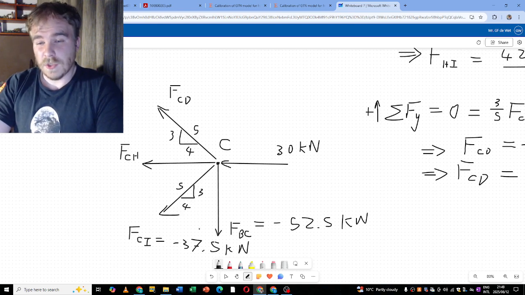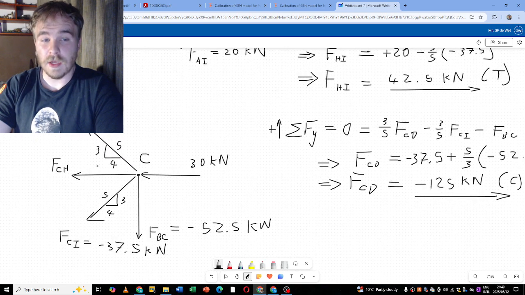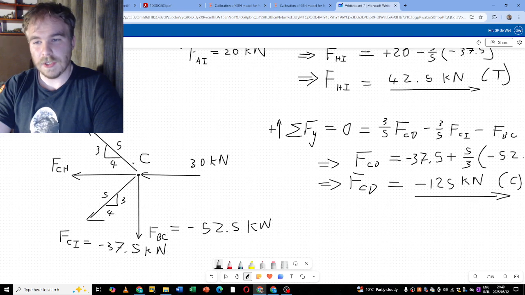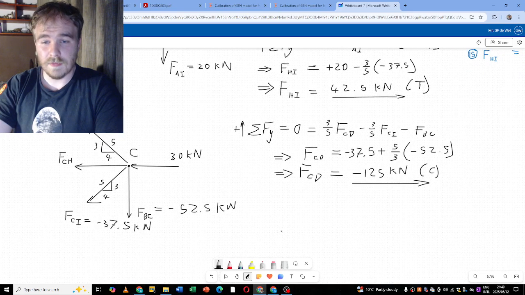And there's two forces working against it, so it should be a bit larger than 52.5, and we got 125. No, yeah, it should be a lot larger than 52.5 because it only has a partial component in the Y direction. Yeah, that makes sense. It should be about double, and it is about double that in magnitude. So yeah, now I'm happy with that answer. It makes sense to me.